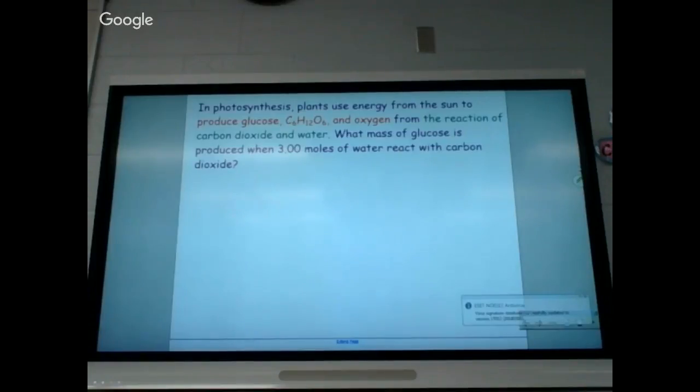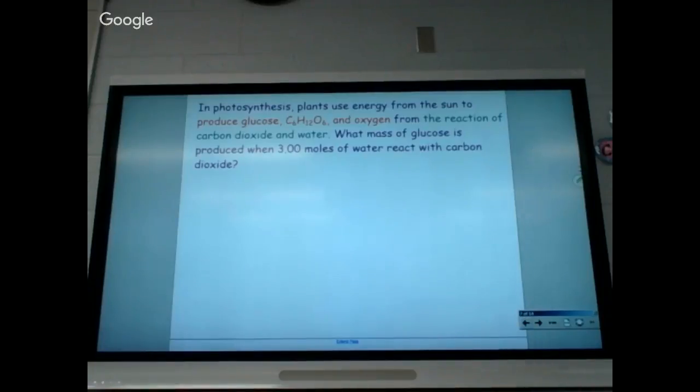So again, same process. What does it tell you is produced? What does it tell you reacts? It produces glucose and oxygen. The whole question, I want you to say nothing. Make them talk to you, because they're counting on you talking. So, what does it tell you is produced? Glucose and oxygen.